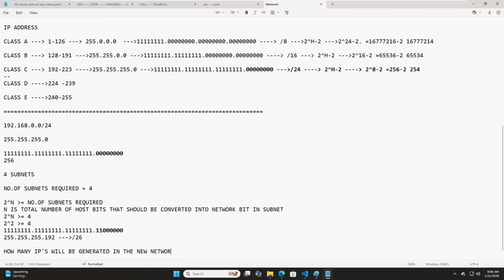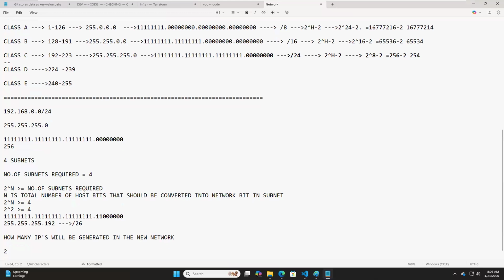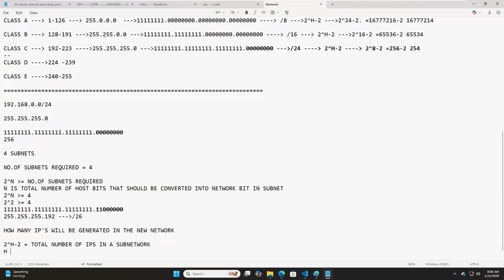For that there is a formula: 2 power h minus 2 is equal to the total number of IPs in a subnetwork. Now we are dividing that very big network into small subnets. So what is h here? h is the total number of host bits in the new subnet mask.